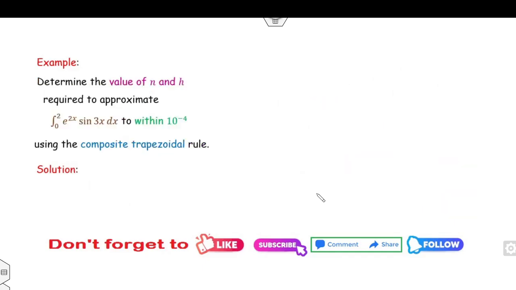Look at the second question. Find the value of n and h so that the required approximation is within 10 raised to power minus 4. That means the error is given to you as 10 raised to power minus 4. And they are talking about the composite trapezoidal rule, so n must be greater than 1.